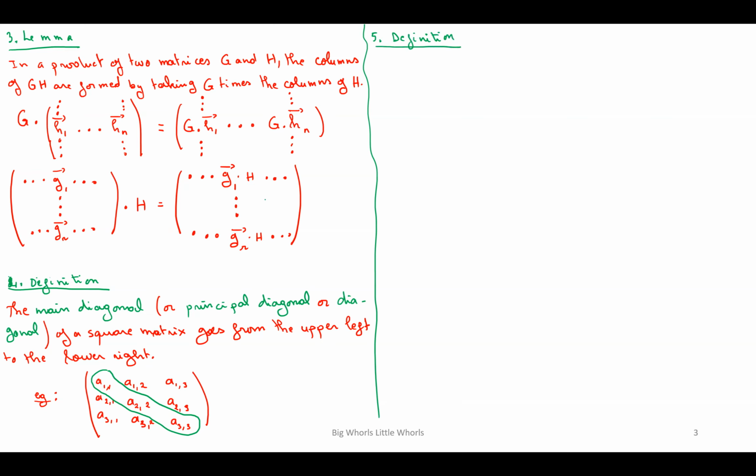An identity matrix is a square matrix and every entry is zero except for ones in the main diagonal. Okay, that's the identity matrix.